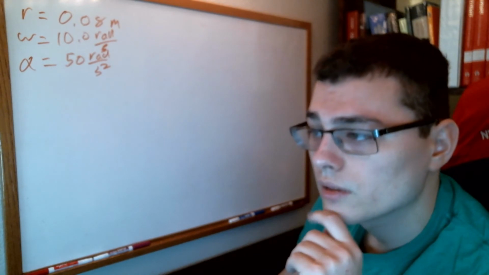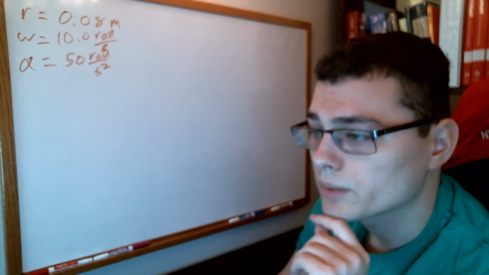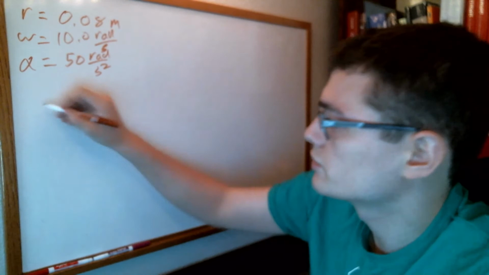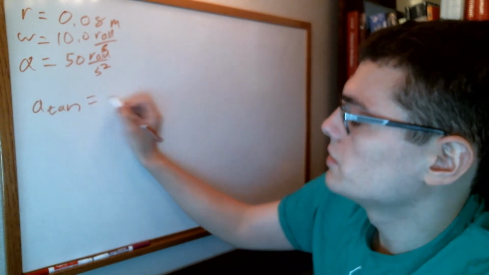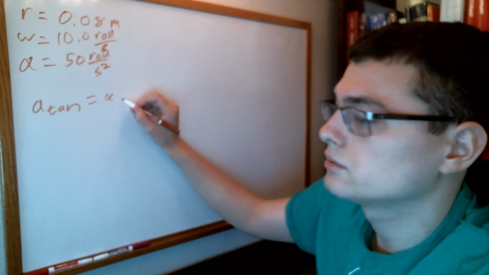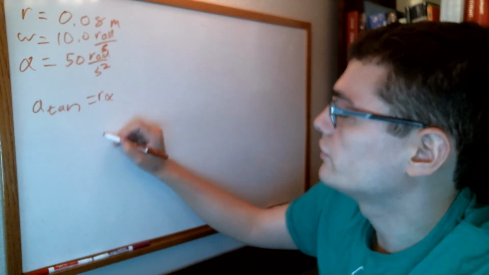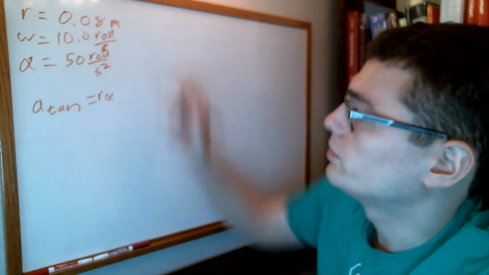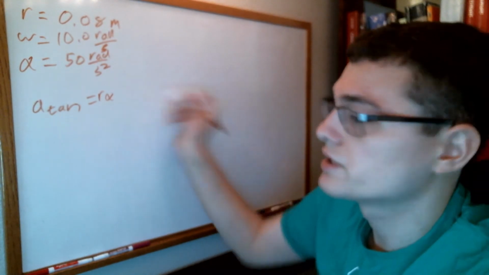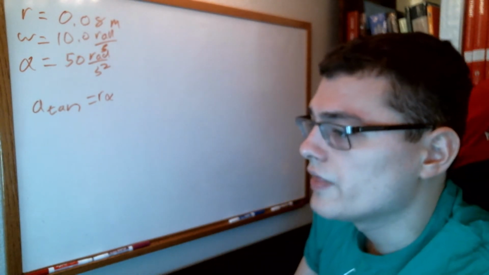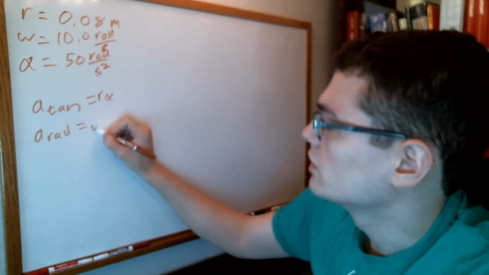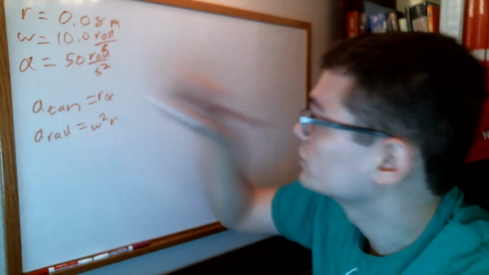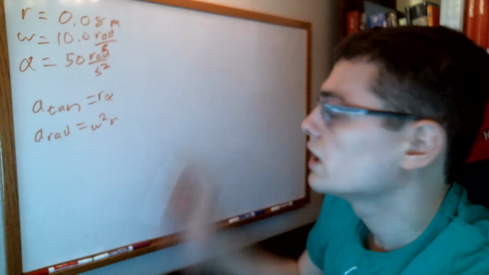So this is going to be pretty easy to figure out, because we know that a tangential is just going to be equal to R alpha. And so then we just have to plug in what R is and alpha is, and that will yield our answer. And then a radial is going to be omega squared R. So we just plug in omega, plug in R, and that will yield that.